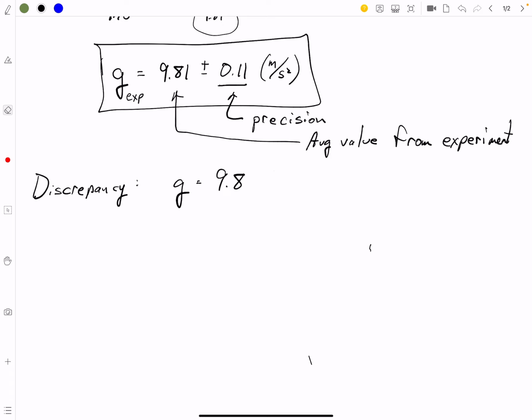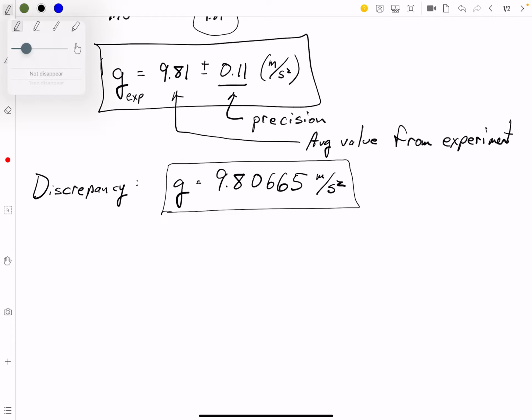It's really 9.80665 meters per second squared, and this is the accepted value. This is the scientific value. All the experiments done so far have given us this value on Earth.